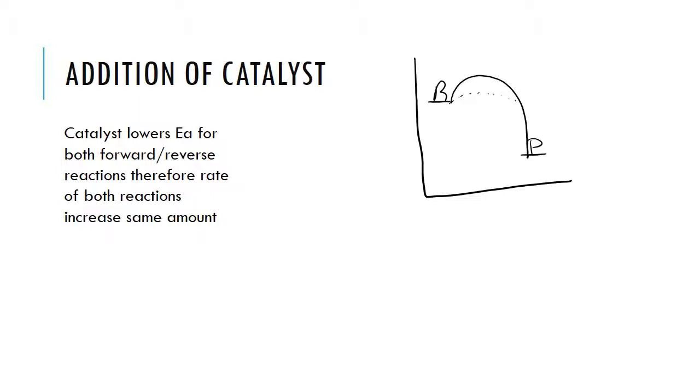And so if you think about it, the distance to that hump, so here's the EA for reactants, here is the EA for products, which is why endothermic reactions are so much harder to be natural, right? But as we change that by adding a catalyst, that amount of distance that has to be covered gets a lot smaller. And it gets smaller for both sides because both sides are affected.